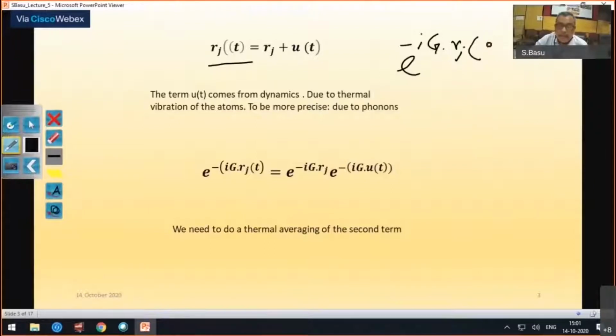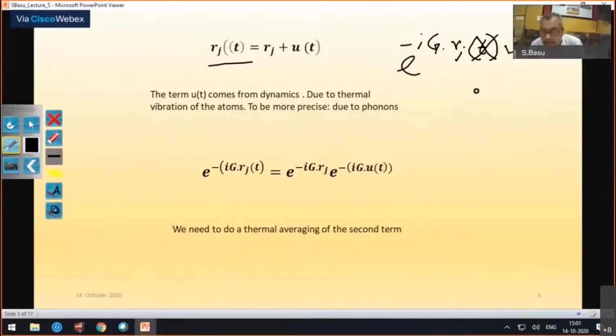If it is time dependent, it will have t here. In the last few lectures, I did not have this time dependence. I took a frozen set of atoms or scatterers. But now I will introduce this time.